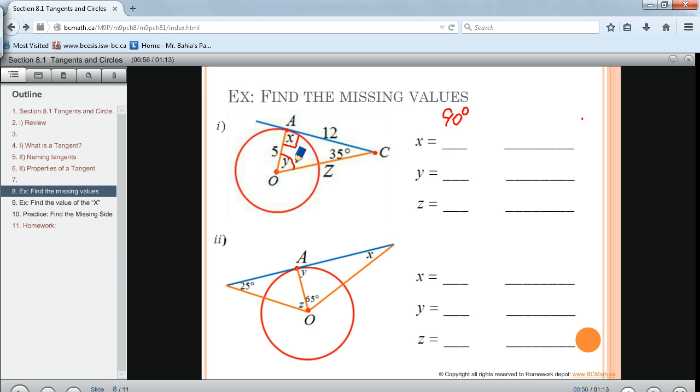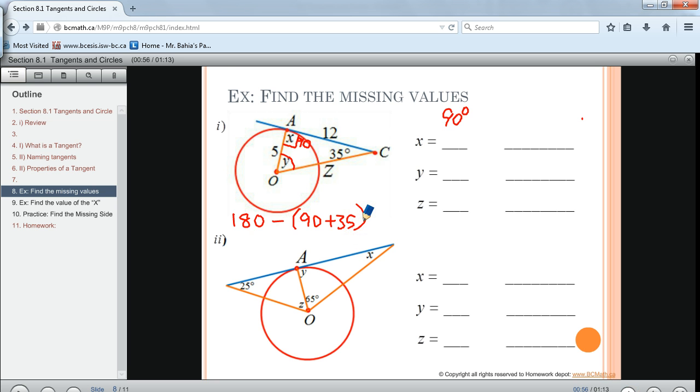Now, hopefully, you've done a little bit of work with triangles. You should know that the angles in a triangle always add to 180. So if we know that is 90, that's 35. What must this be? Well, you just go 180 minus what I just said, 90 plus 35.